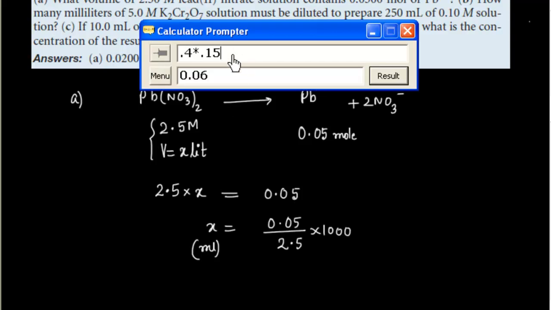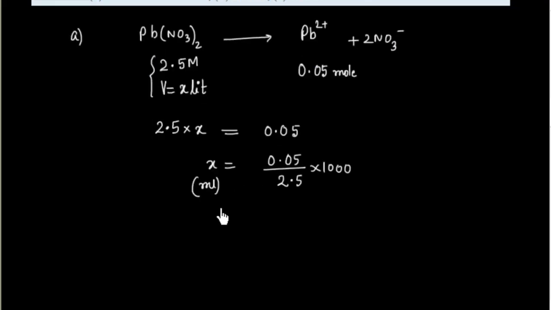So 0.05 divided by 2.5, multiplied by 1000, is 20 ml. So we have to take 20 ml of lead nitrate solution.